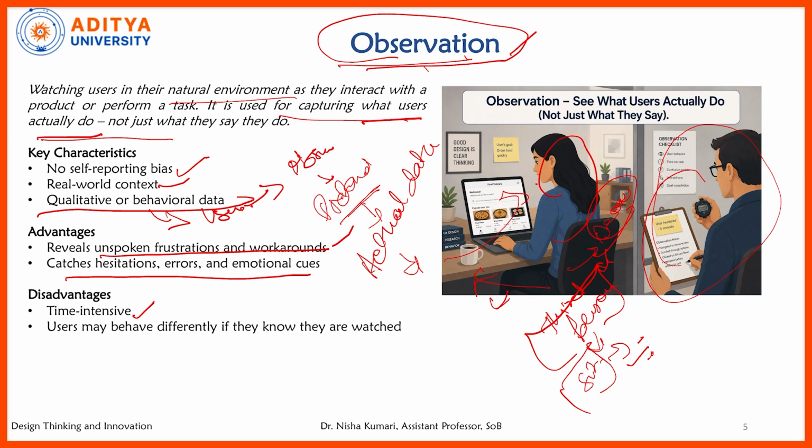Also, users may behave differently if they get to know that someone is watching them, because it is human nature. Once you know someone is watching you, you will start pretending. Even if you do not realize you are pretending, somehow you will start pretending.